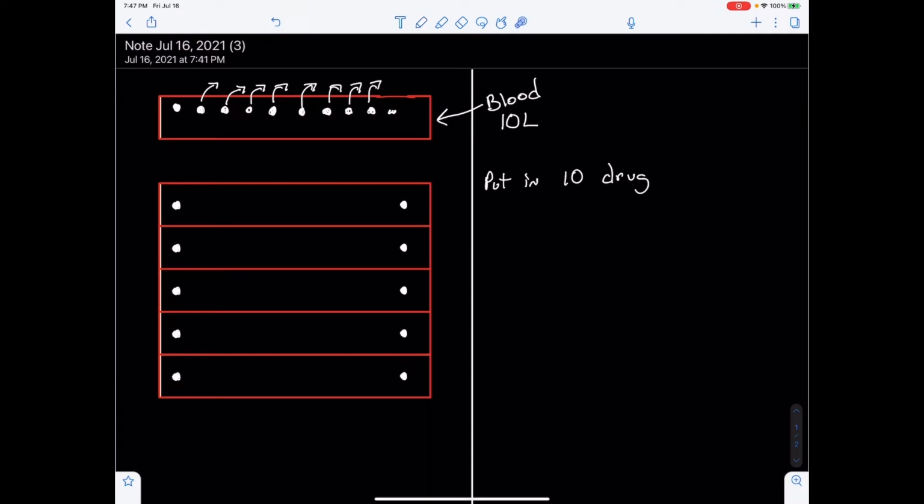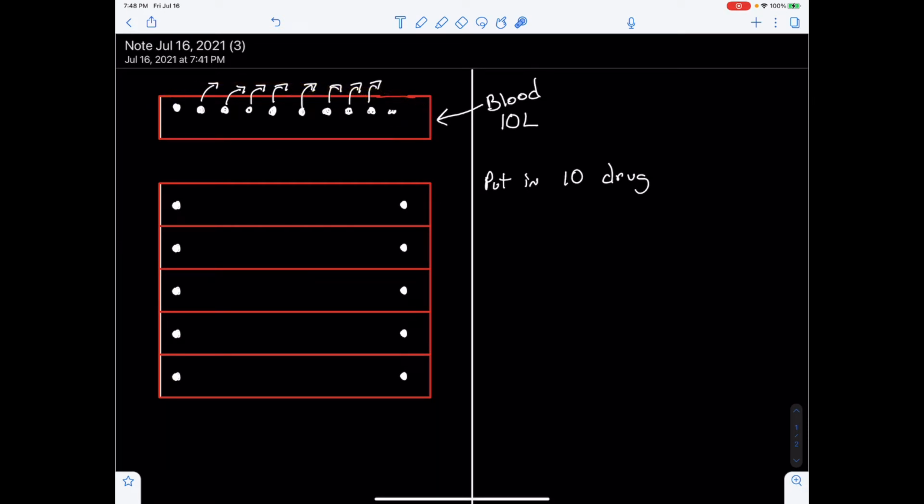If the concentration of the drug that we have put in at a known amount goes way down here, then we must think that it's being distributed over a much larger area. So my apparent distribution now is 5 times larger than what it was when I put it in.